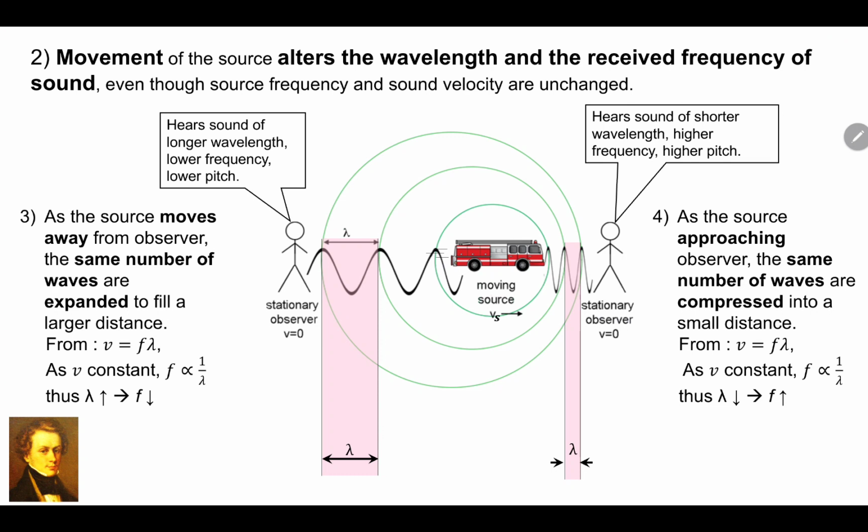Or you can just think logically: when the fire truck is moving away from you, the frequency you hear is lower. But if the ambulance siren is approaching you, logically you will hear sounds with higher frequency, a higher pitch.